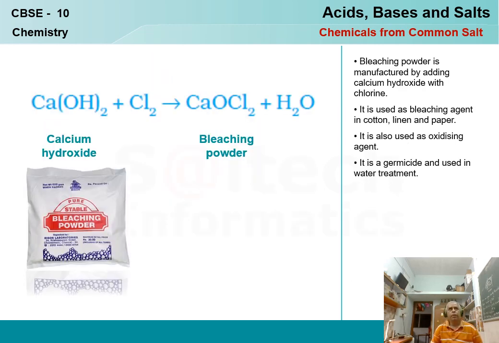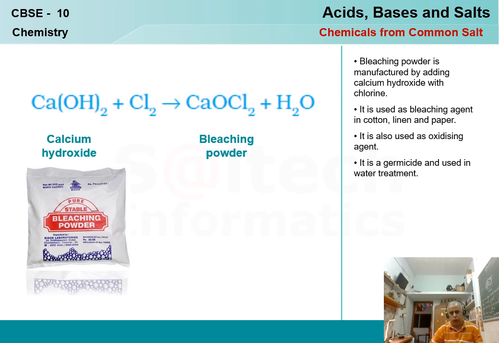Now let us discuss the chemical constitution of bleaching powder. You know calcium hydroxide. What is the formula of calcium hydroxide? Ca(OH)2. So let us have calcium hydroxide. When chlorine is treated with it, you are able to get calcium oxychloride with water as byproduct.